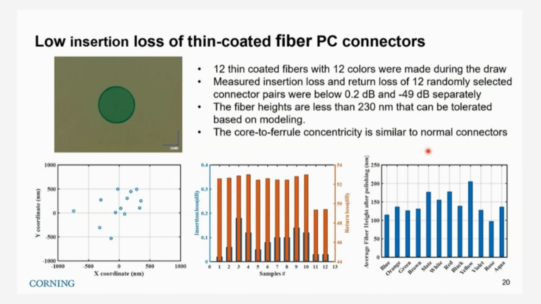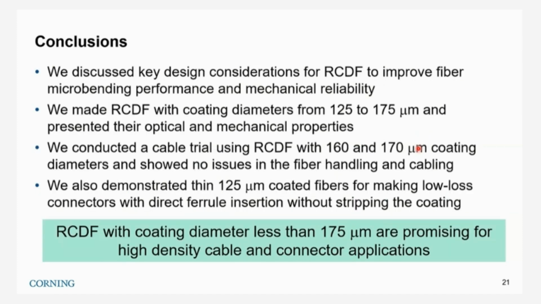So we made the connectors and tested their performance, basically the insertion loss and the return loss. We can achieve performance very similar to the conventional connectors. And the core to ferrule concentricity, as you can see here, is also similar to normal connectors.